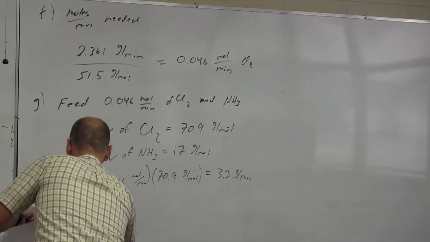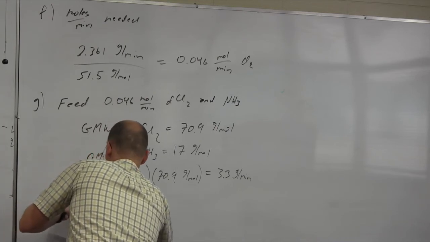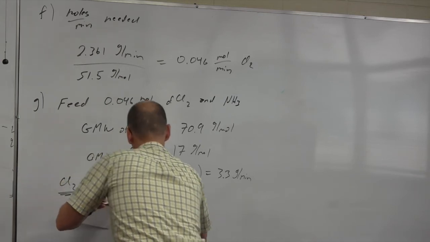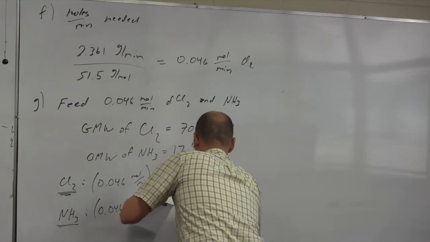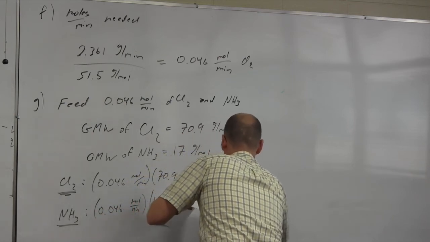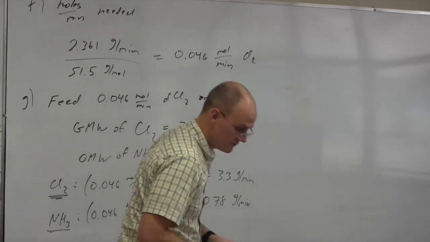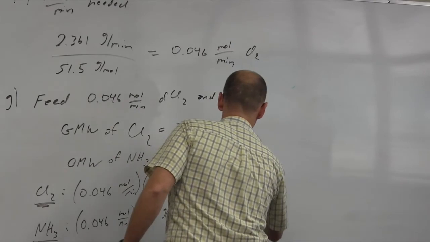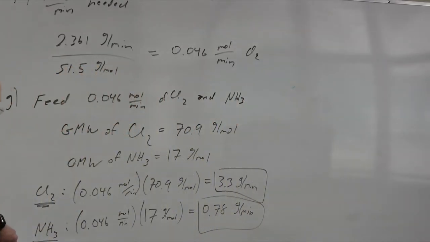And the NH3, the ammonia that we need, is going to be the 0.046 moles per minute times the 17 grams per mole. That gives you 0.78 grams per minute. Okay, so these are our answers. 3.3 grams per minute of chlorine and 0.78 grams per minute of ammonia.